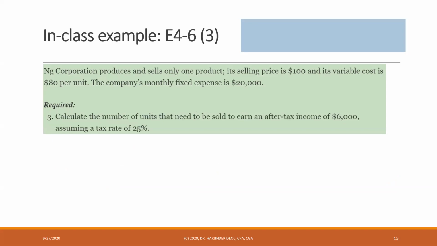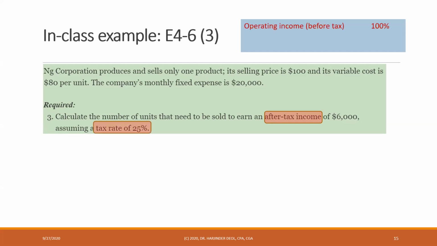So with the same example, now we are calculating the number of units that need to be sold to earn an after-tax income of $6,000, assuming the tax rate of 25%. Now, in this case, the $6,000 is after tax, and we have the tax rate of 25%.